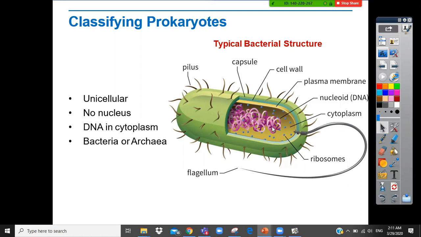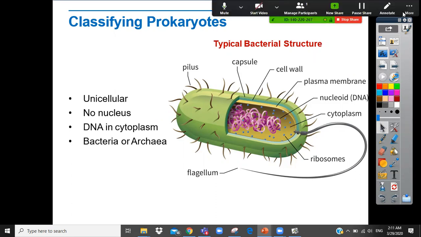If we go inside the prokaryotic cell, the purple is the DNA, and we have the cytoplasm. Inside the cytoplasm, there are ribosomes that are responsible for manufacturing proteins inside the cells.